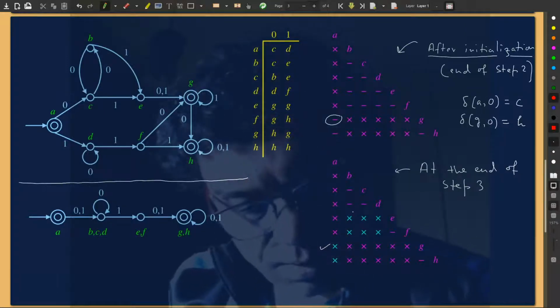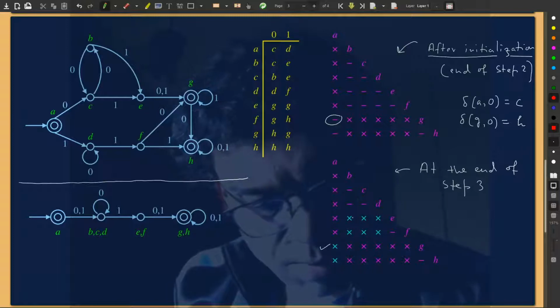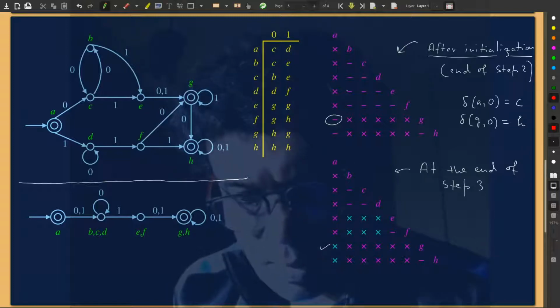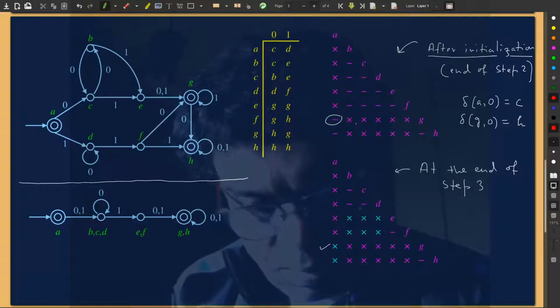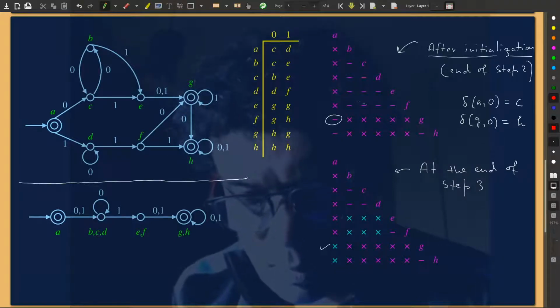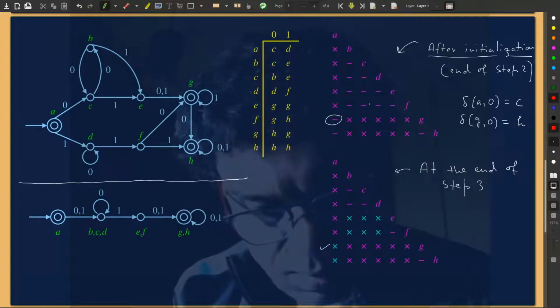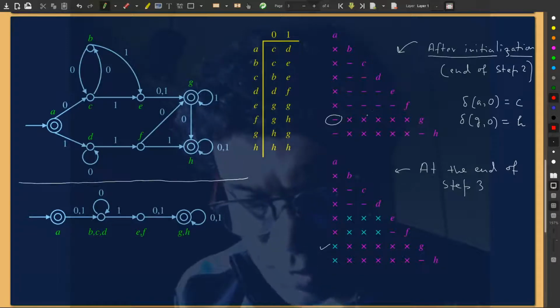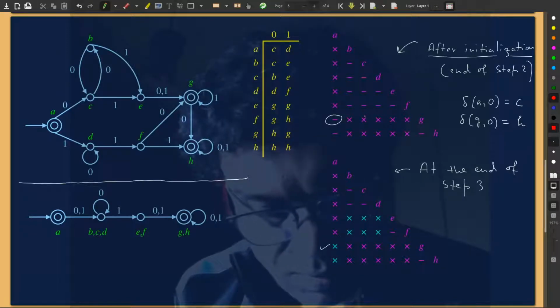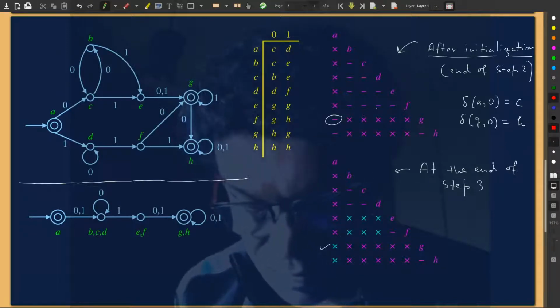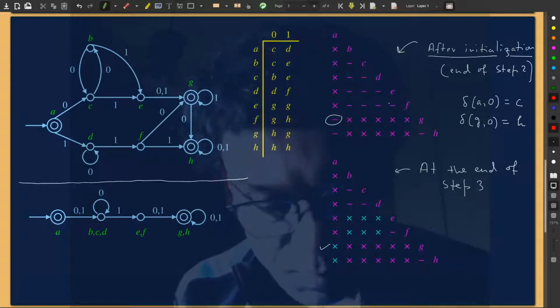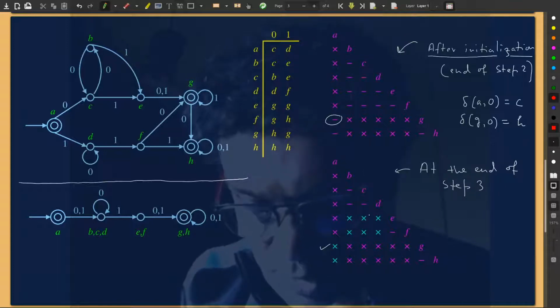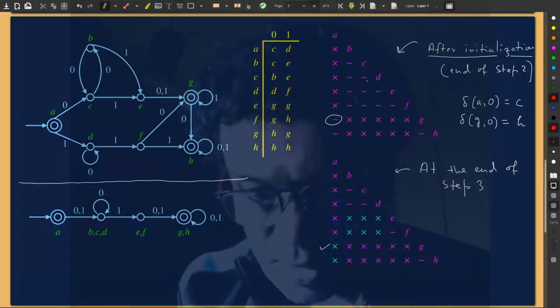Anyway, it doesn't matter. Any example you choose, this is actually an easy exercise. Anyway, let us say CE.